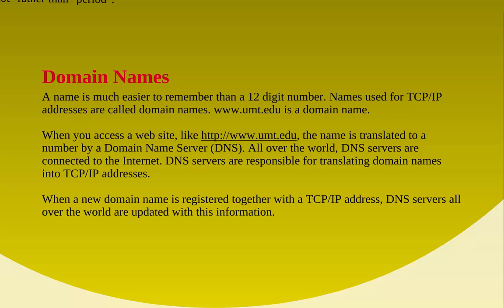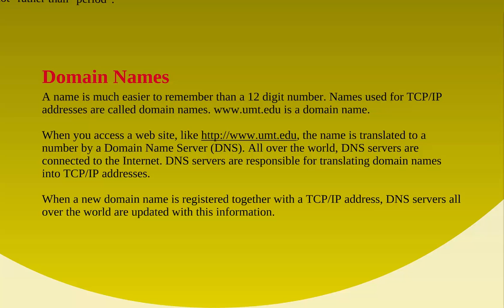And then as we get into the second part of this chapter, we're going to talk more about domain names. For now, we'll just mention that it's a lot easier to remember a name than it is some 12-digit number. And so there's an entire naming mechanism that operates within the internet world, and we'll talk about that. But when you access a website like umt.edu, that name gets translated to a number, the IP address, by something called a domain name server, or DNS.